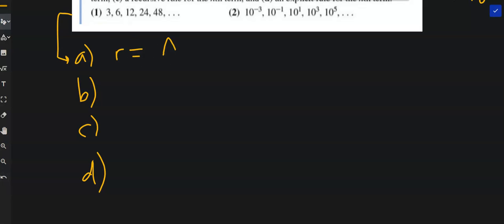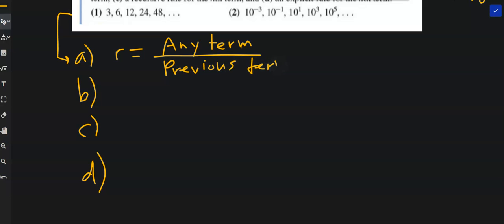R equals any term divided by the previous term. So 6 over 3 will work. And that means we're multiplying by 2 every time, which makes a whole lot of sense.